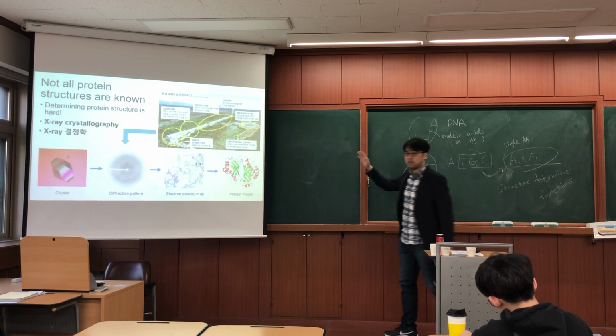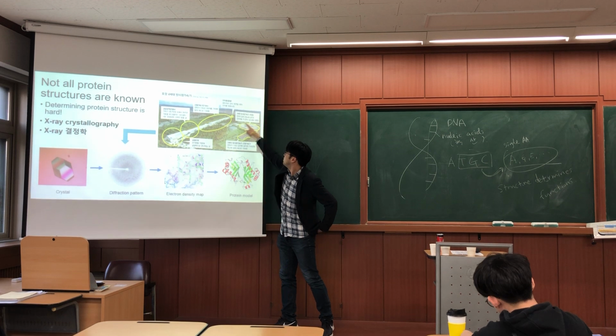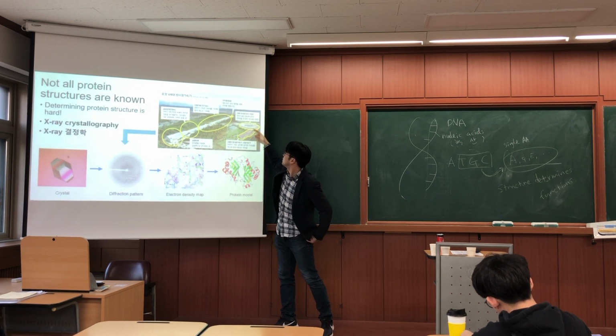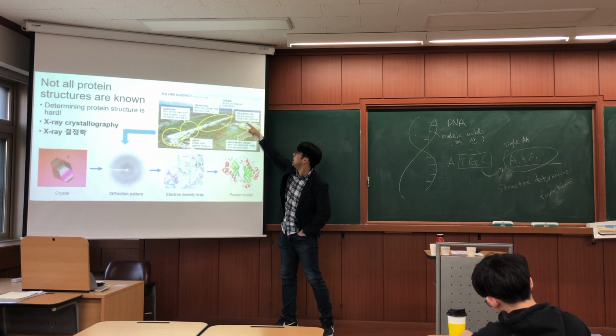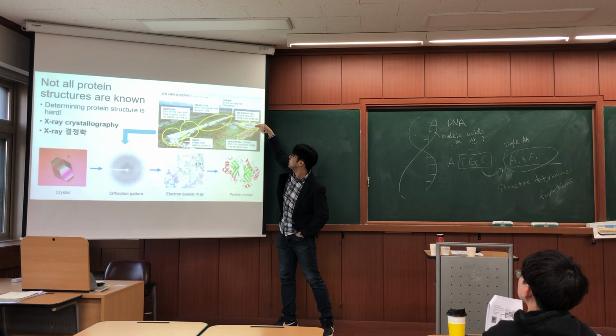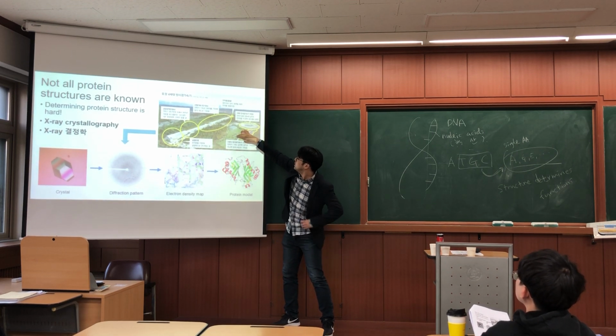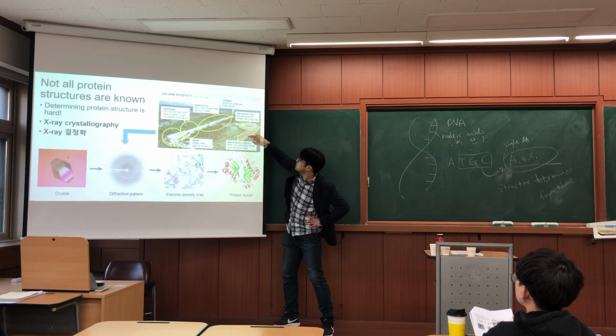So everyone who studies protein structure goes here. Electrons are accelerated here, and they are shot this way, and the X-rays come through here, and this is the laboratory. This is one building, but there are many experimental groups.